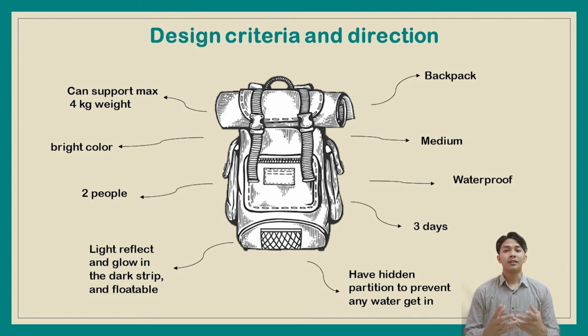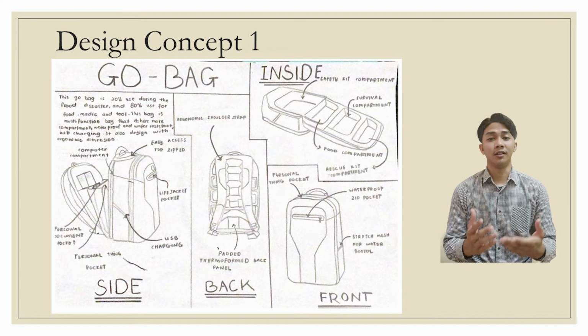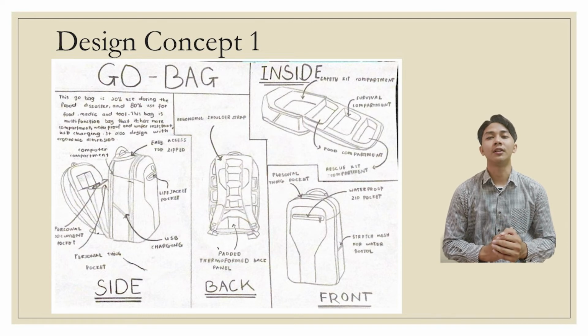It comes in bright color and can hold a maximum of 5 kg with all items inserted. The usage situation for our backpack is mostly 20% during a flood disaster and 80% to store food supply, important personal documents, and some jewelry and first aid with some basic survival kit tools.